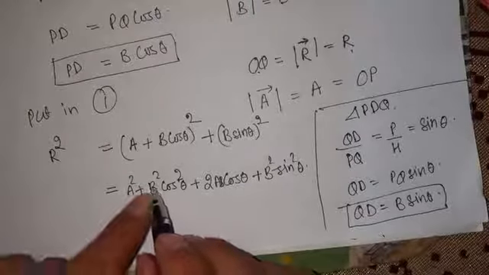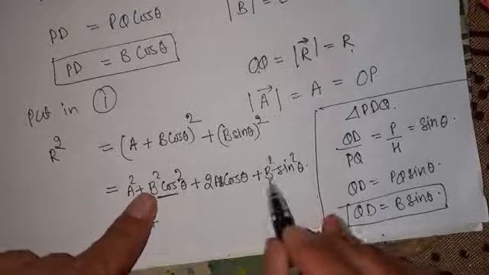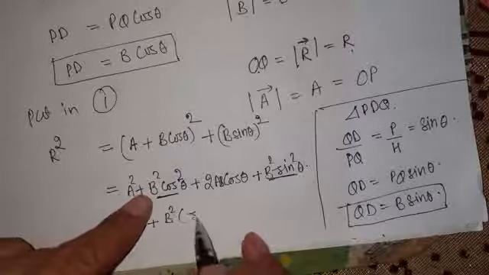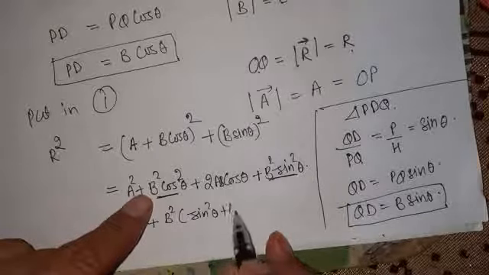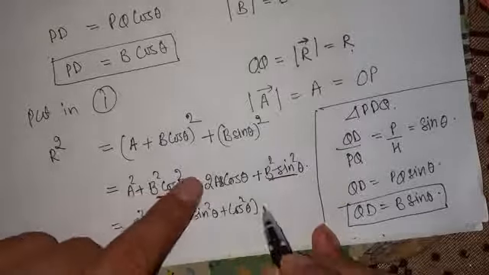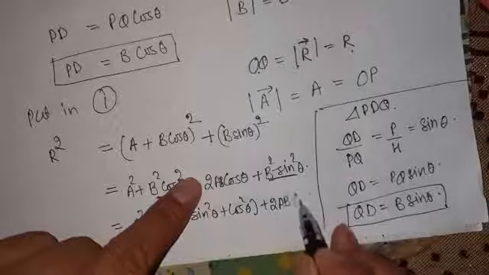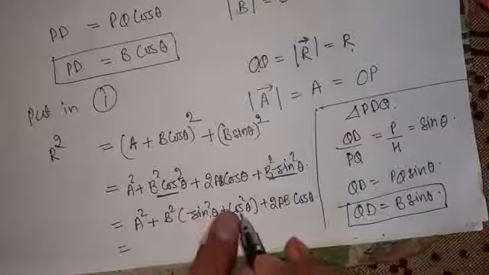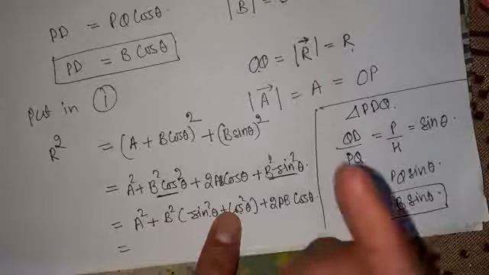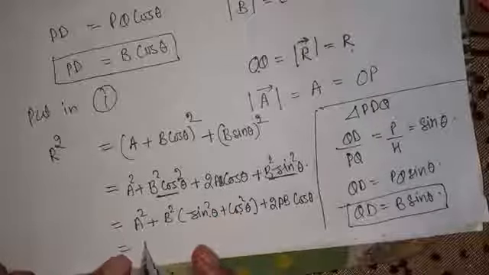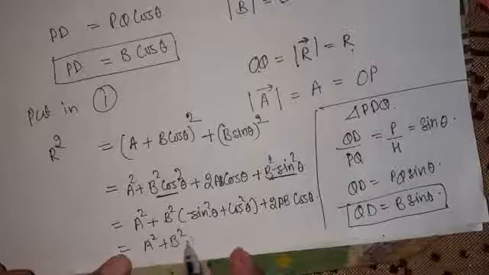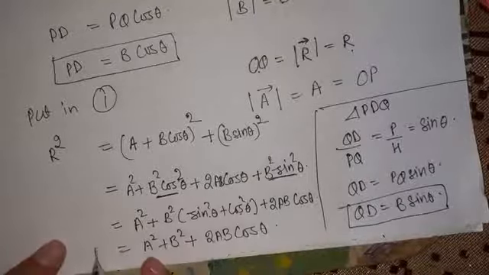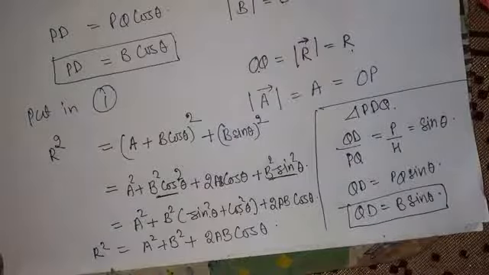If you will see that B square in this term and B square is in this term, so B square is common, and inside will come sin square theta plus cos square theta, and plus double of AB cos of theta. So thus we are having sin square theta plus cos square theta, which is equal to 1. Then we can have A square plus B square plus double of AB cos of theta. This is R square.